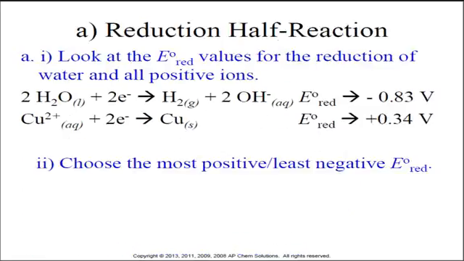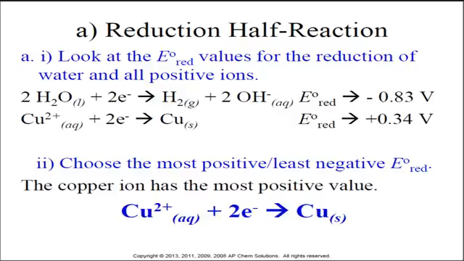If we look at our reduction values for water and all positive ions, we see that we have negative 0.83 for our water, and we have positive 0.34 for our copper. So which reaction has the most positive or the least negative reduction potential? That's going to be our copper with the most positive value.